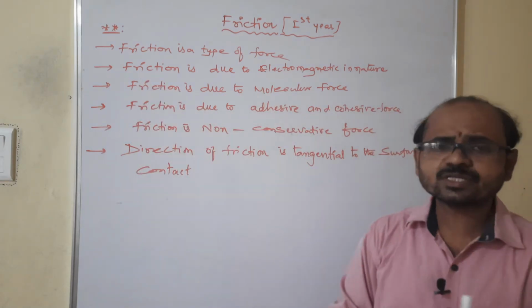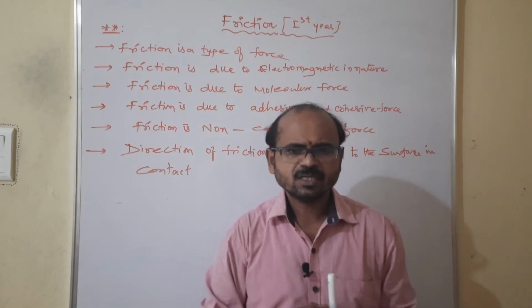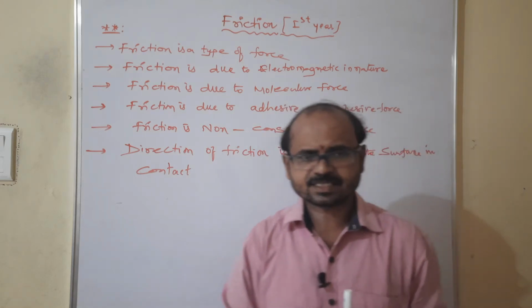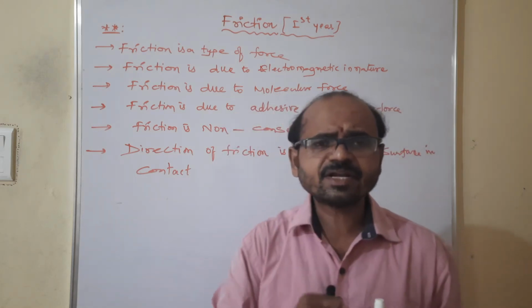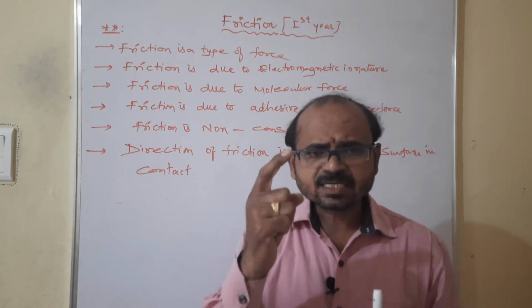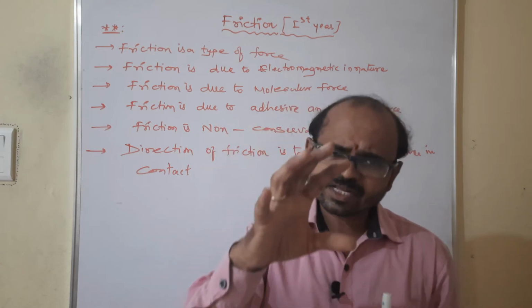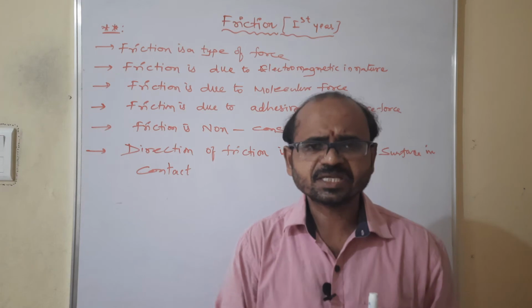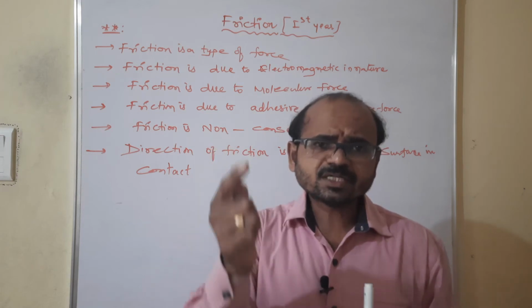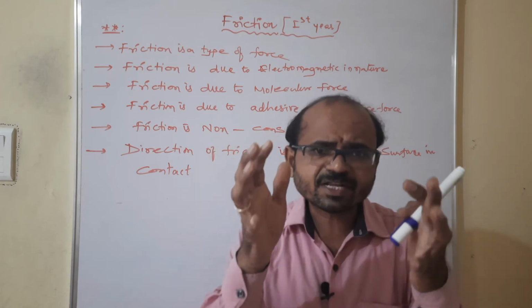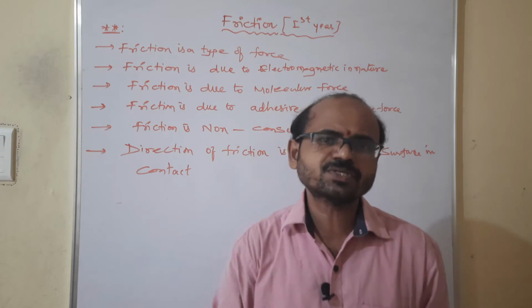And coming to the frictional force being non-conservative. You remember there are conservative and non-conservative forces. Non-conservative means that in any given closed path, the work done by the frictional force is not equal to zero.